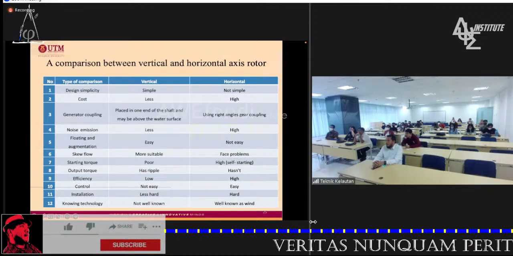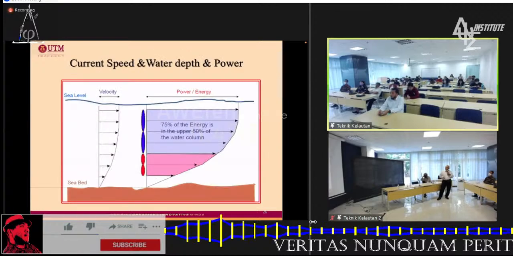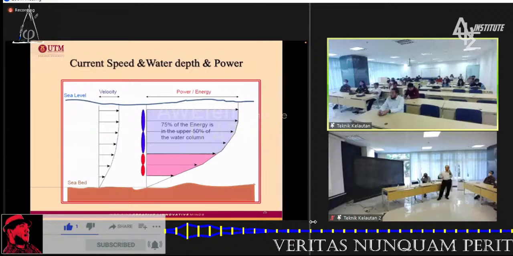So this is just a comparison between vertical and horizontal axis current turbine. It seems that the vertical one is much easier to implement and much cheaper than the horizontal current turbine. Okay. The idea is actually to put your turbine somewhere just below the surface, just looking at the velocity profile.